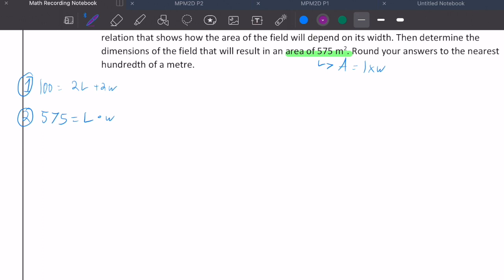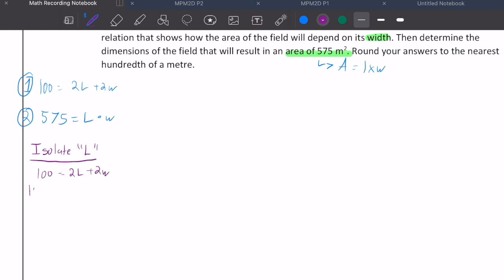So that's what we're going to start by doing. It asks us to make a quadratic equation that will depend on its width. So in order to get an equation that just has a W, we're going to start by isolating L in equation 1. So when we're isolating L, we go from 100 equals 2L plus 2W.